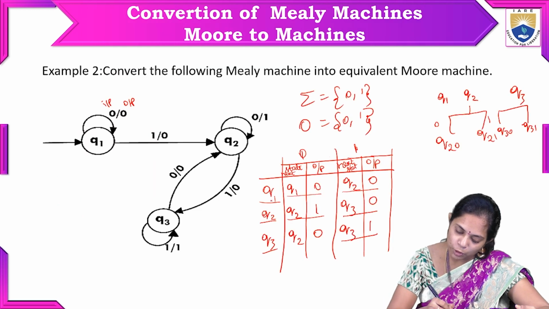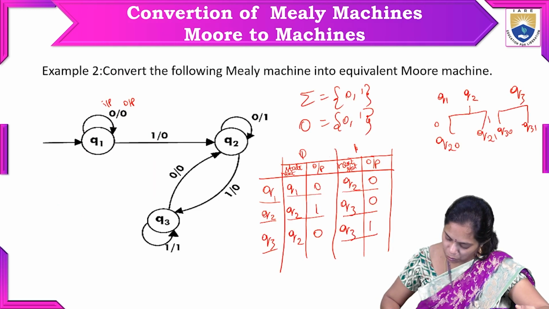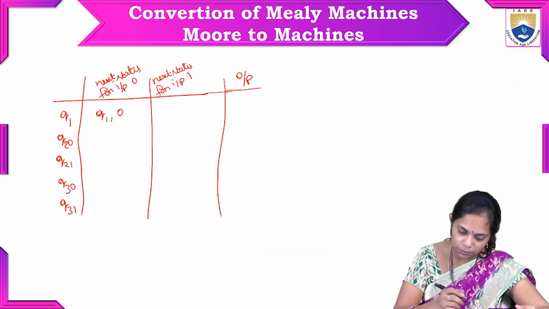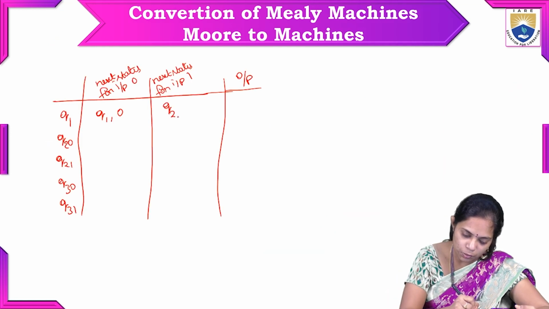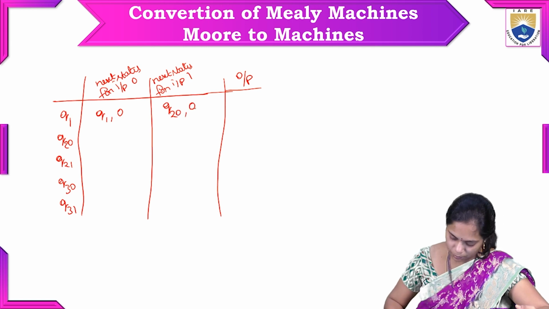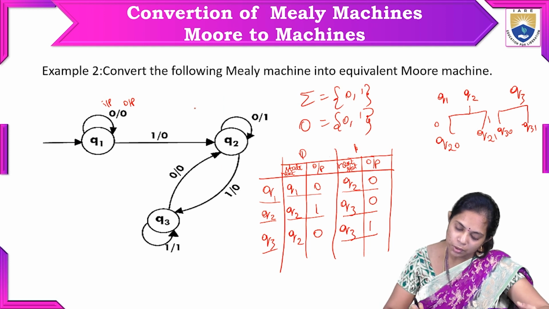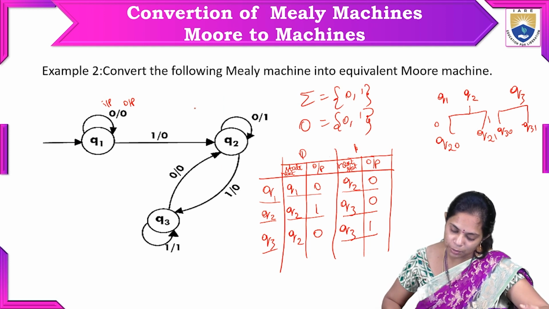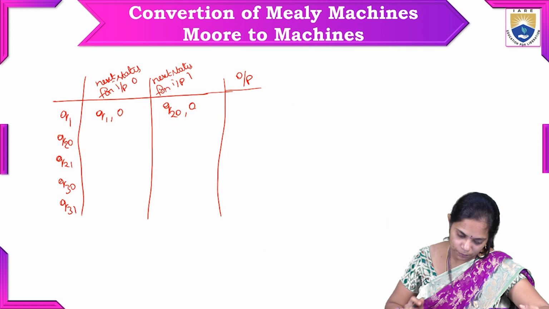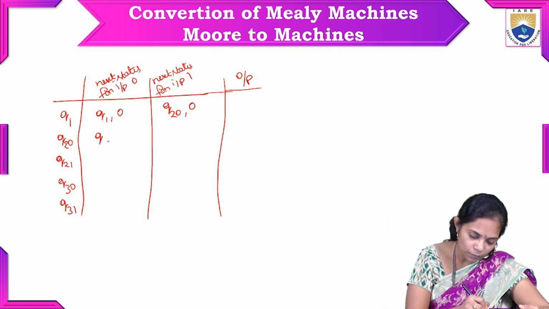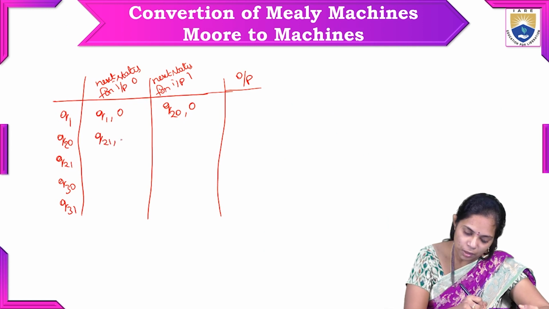From Q1, on input 1, it goes to Q2 0, so Q2 0 with the output 0. From Q2, on input 0, it goes to Q2 1, so Q2 1 with output 1.